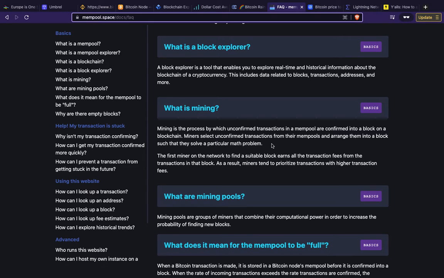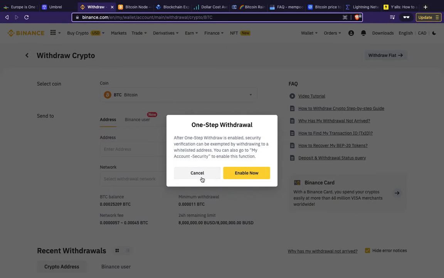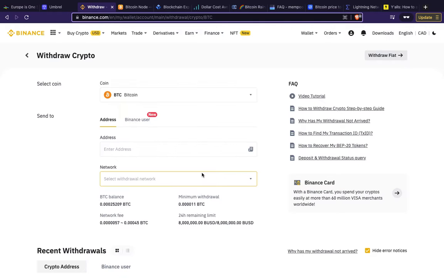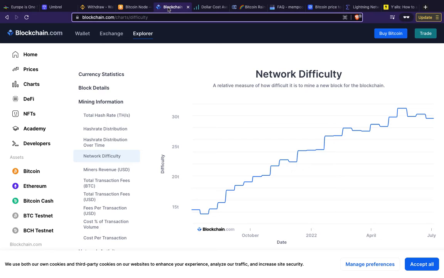Even CZ, the CEO of this exchange, has this misunderstanding. I saw him talking the other day about the decentralization of the Bitcoin network. Let's look at this as well.